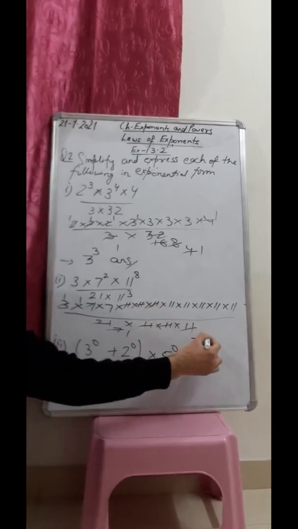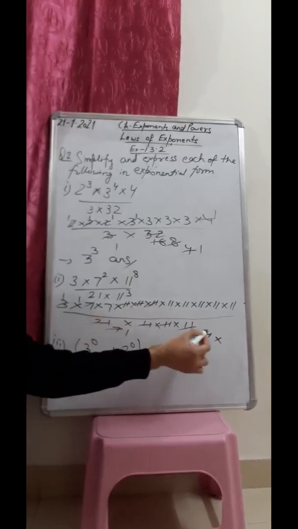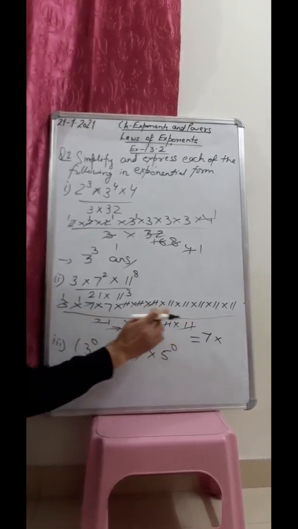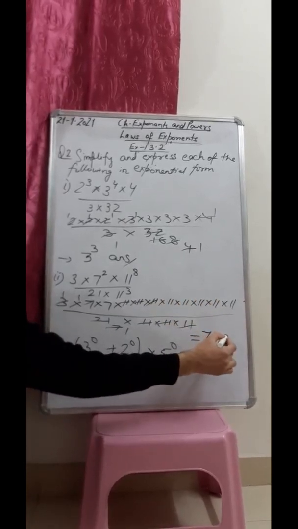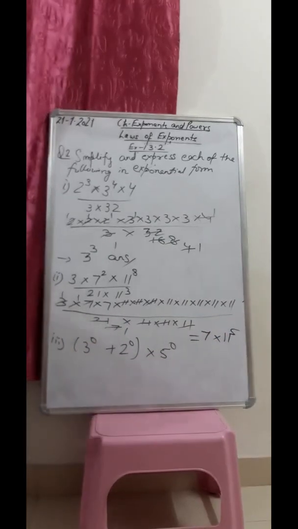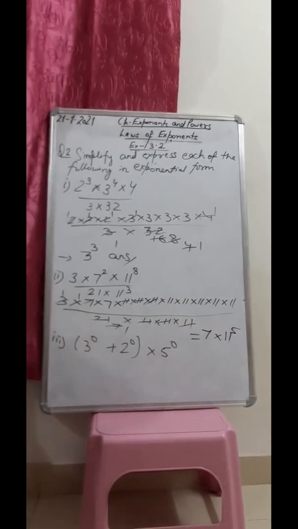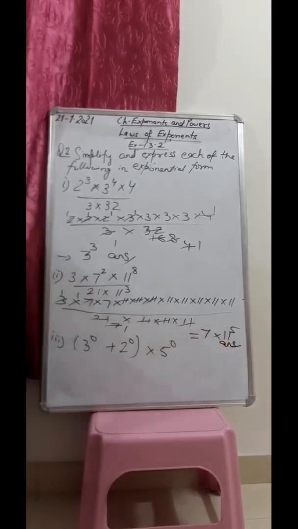That means 7 to the power 1, no need to write 1, but 11 is 1, 2, 3, 4, 5. So that means 7 into 11 raised to power 5. So this will be your answer. 7 into 11 raised to power 5 is your answer.